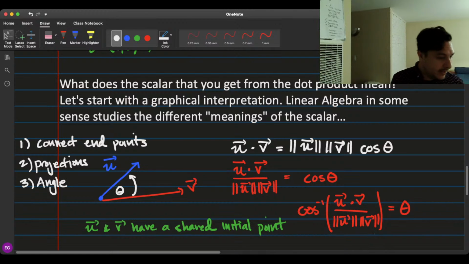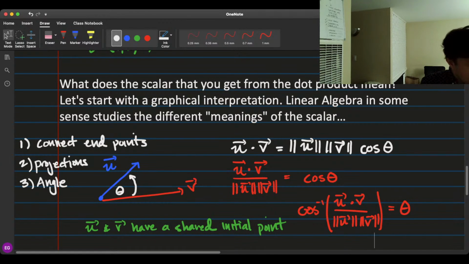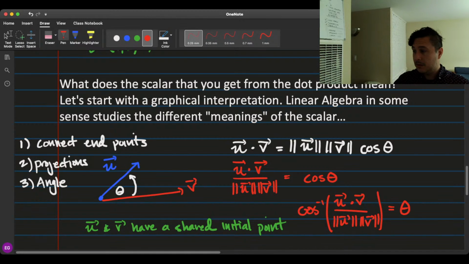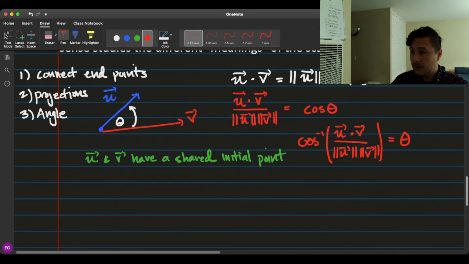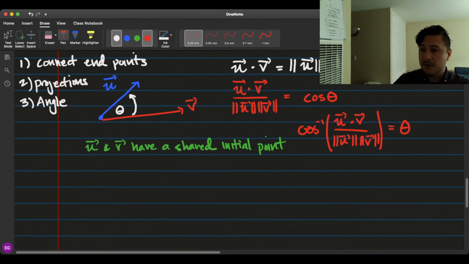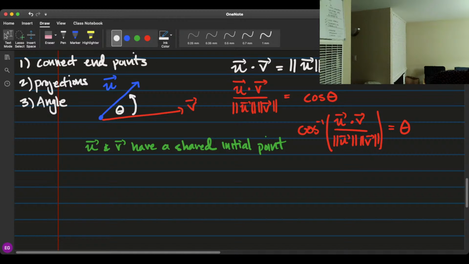So let's use this to find the angle between two vectors. Actually, let's draw this. Let's put it in an axis.